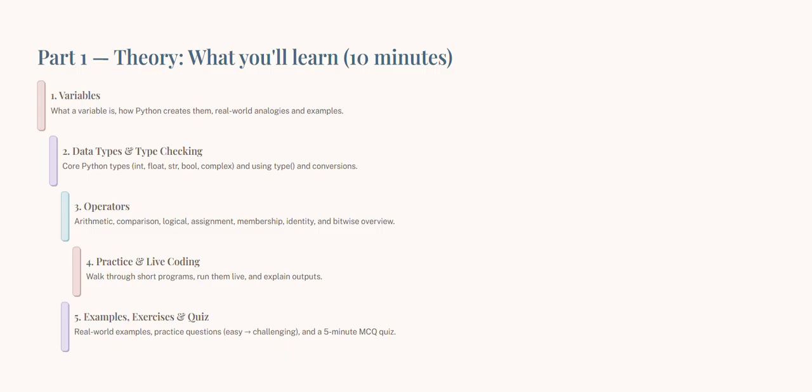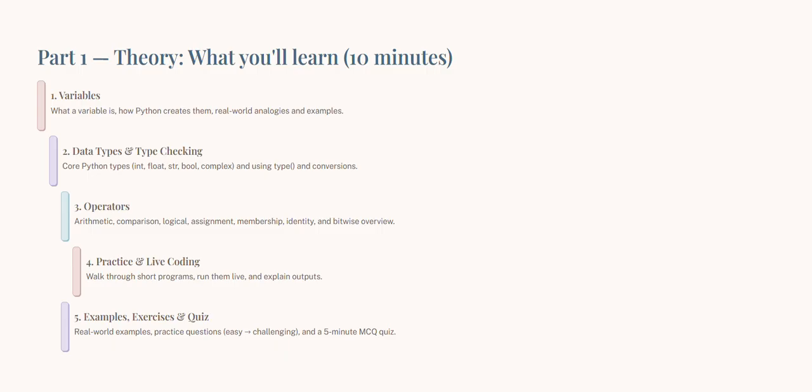Operators. Like in maths you put plus, minus, divide and so on. These are how you operate on the data that you have, how you put some operation on that data. These are known as operators, like arithmetic, and comparison, which is also an operation. Then logical, assignment, membership, identity and a bitwise overview.